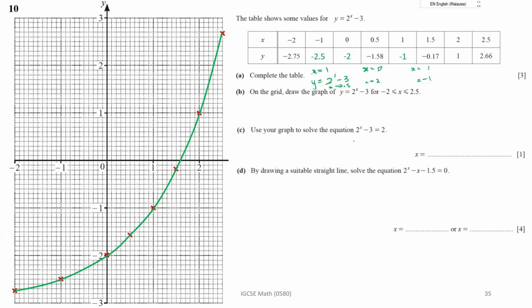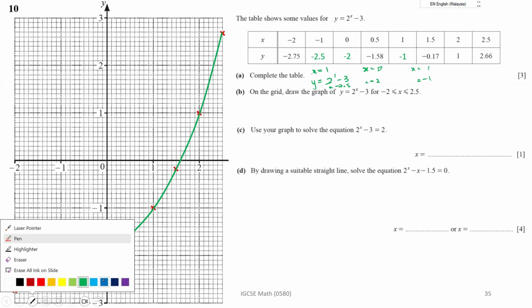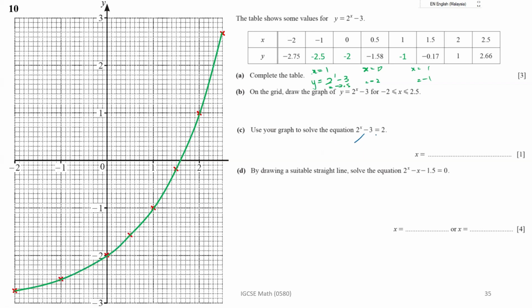When you want to use a graph to solve an equation, you need to remember that this will consist of two. One will be from here, y equal to 2 to the power x minus 3. See, we have it here. So this one is done.